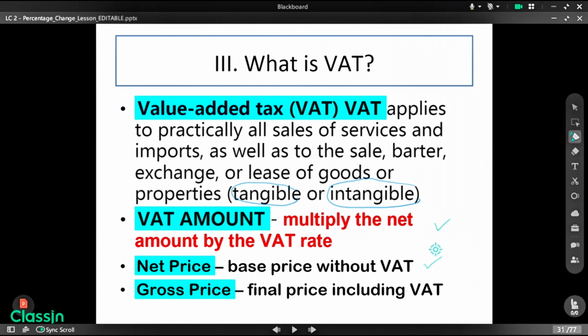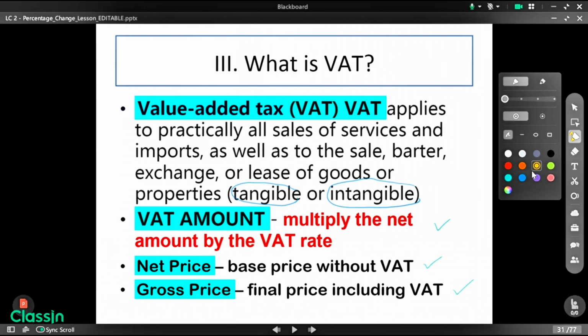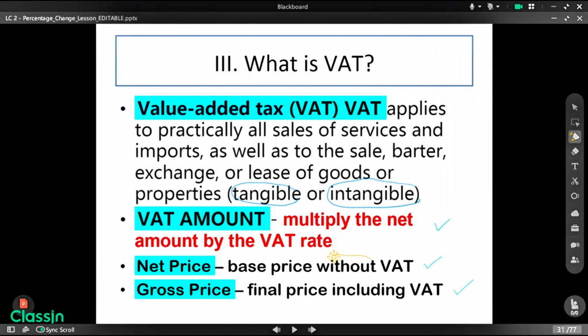Net price is a base price without a VAT. Another term is the gross price. When we say gross price, it is the final price including the VAT. Again, net price without VAT, gross price with VAT.